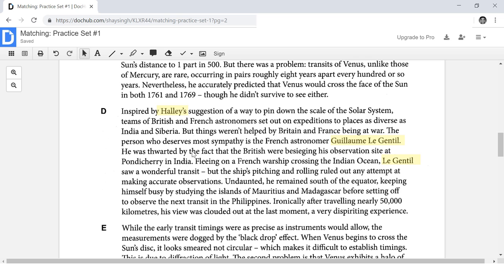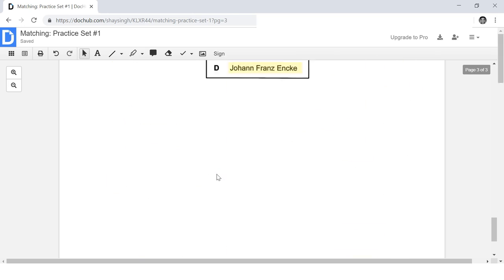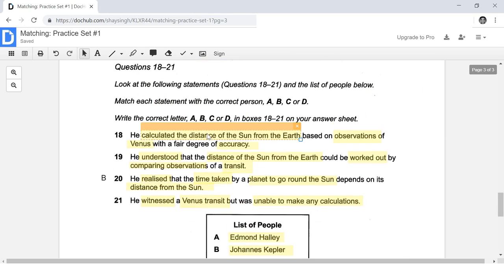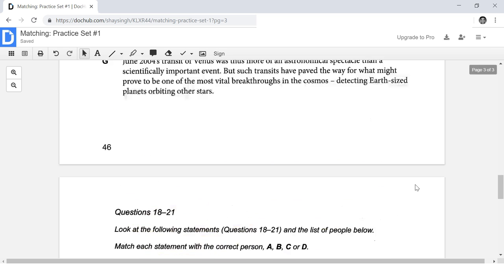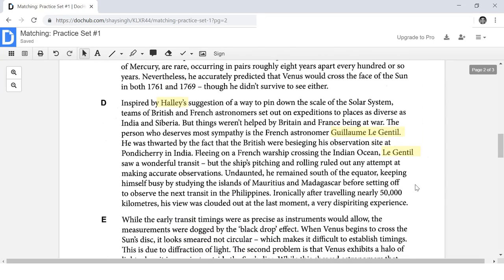He was thwarted by the fact that the British were besieging his observation site at Pondicherry in India. Okay, I'm looking specifically for something to do with distance, or remember guys, I'm looking for these keywords. I'm looking for distance from the sun, something about a transit, perhaps something about Venus, calculations. These are the keywords that I am interested in.